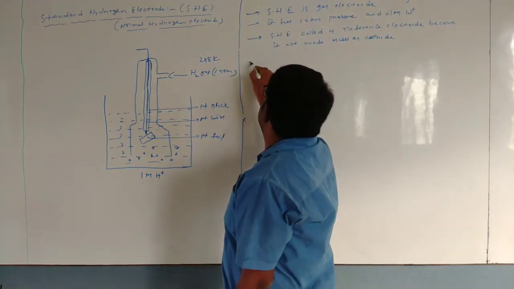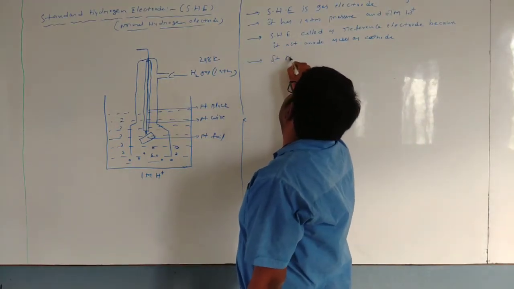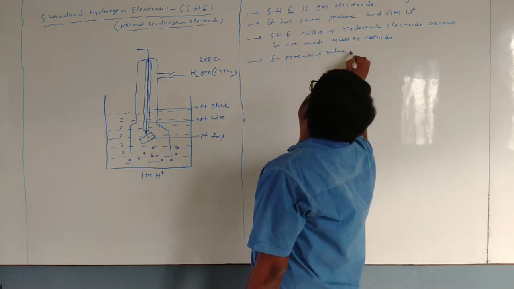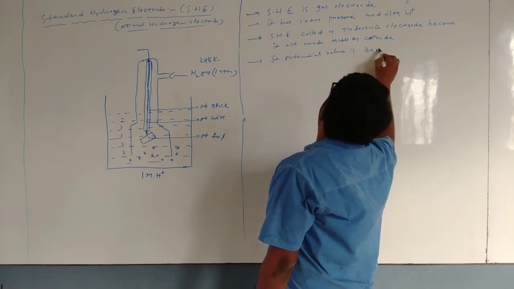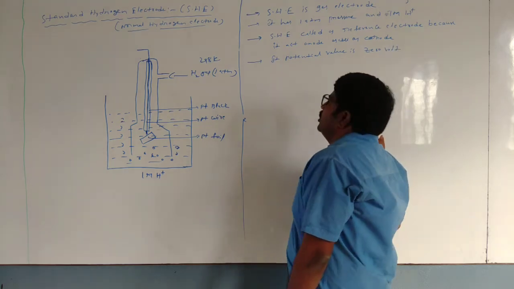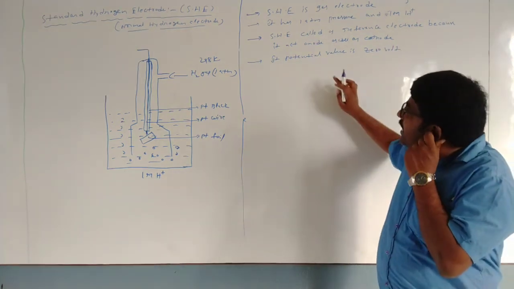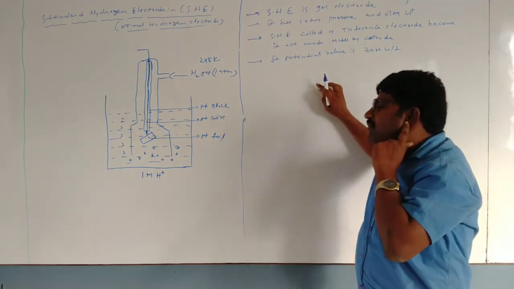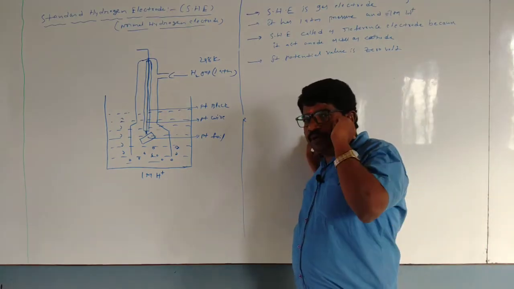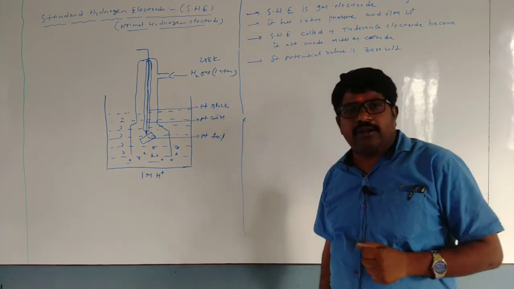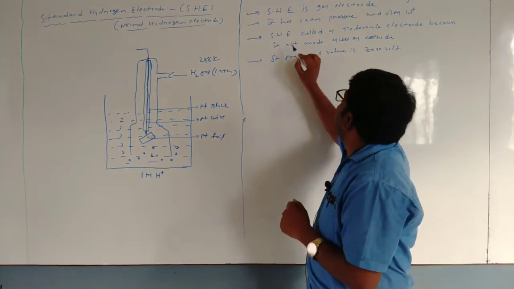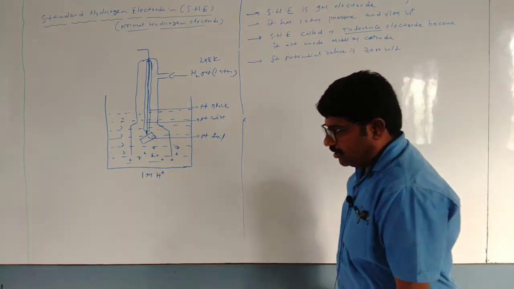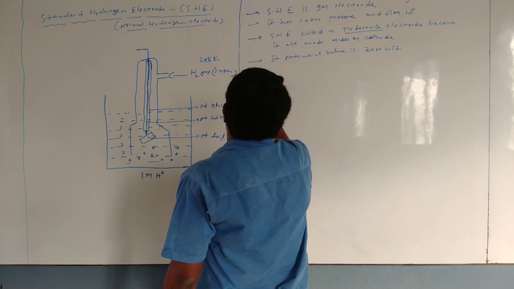Its potential value is 0 volts. So by using standard hydrogen electrode, you can calculate the electrode potential of other cells. That is why it is called a reference electrode.